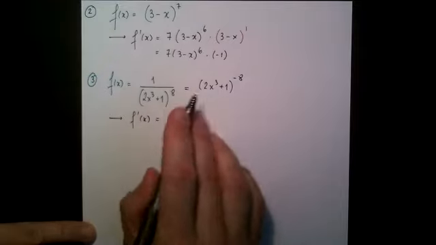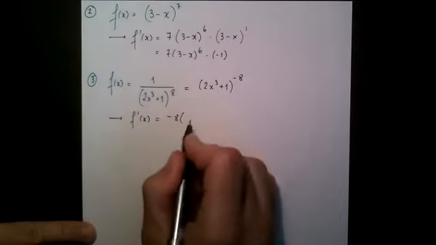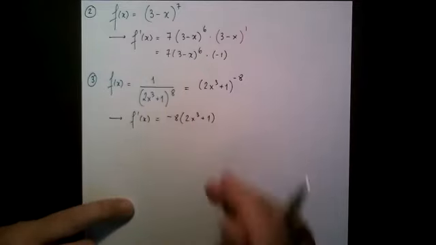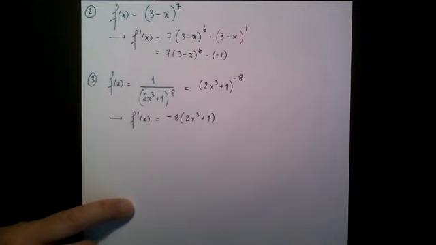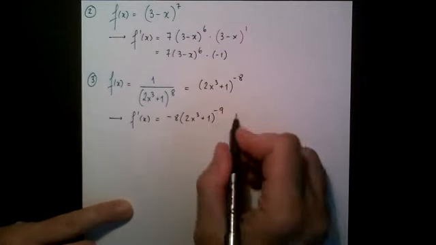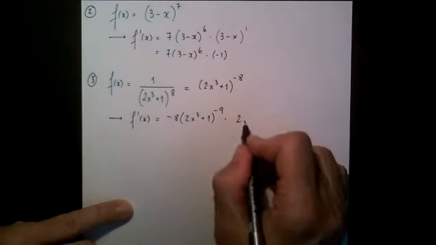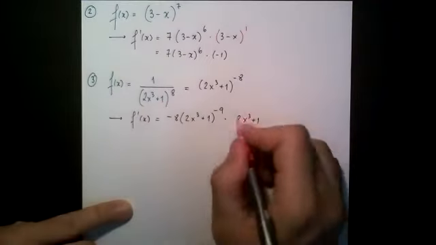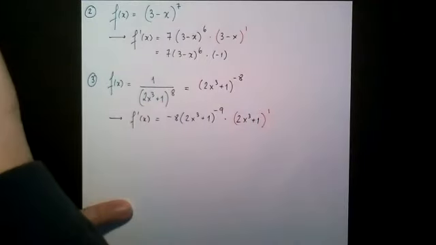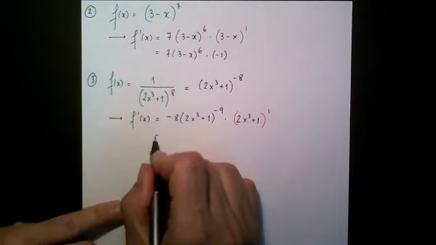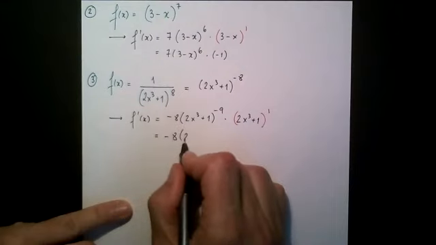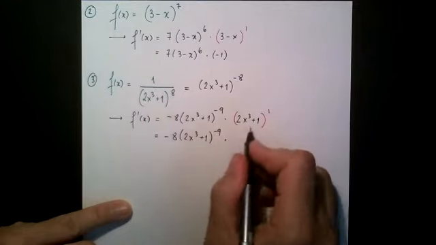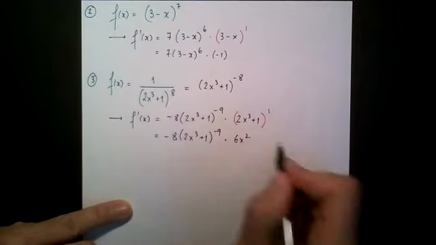So I'm going to put minus 8 in front, times 2x cubed plus 1 to the power of minus 9, times the derivative of the inside, 2x cubed plus 1 prime, which is minus 8 times 2x cubed plus 1 to the minus 9 times 6x squared.